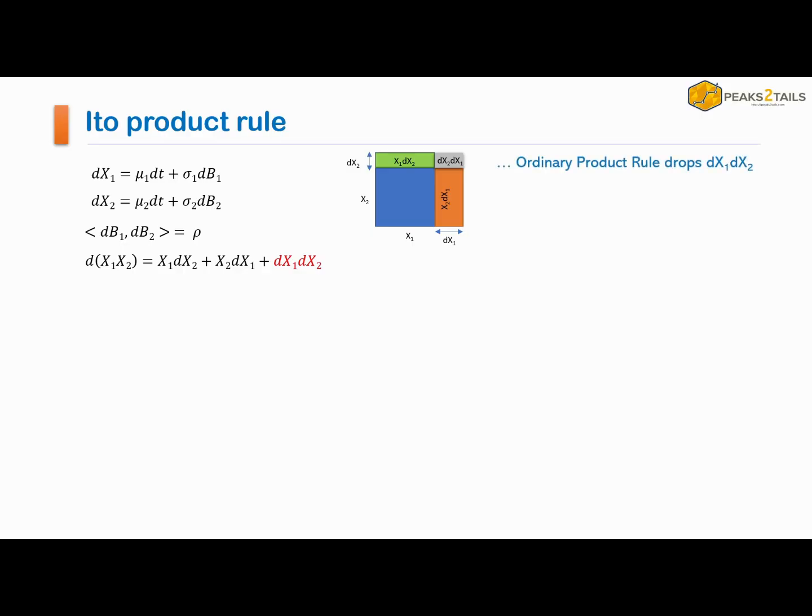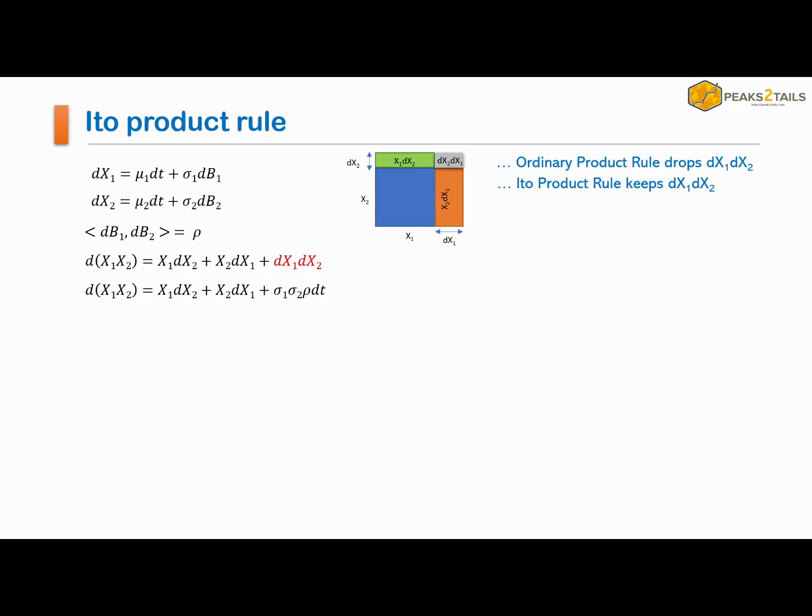In Ito calculus, we will keep that term because of the term dB1 and dB2. So we know that square of dB has an order dt, and that is significant, so we cannot drop this term.